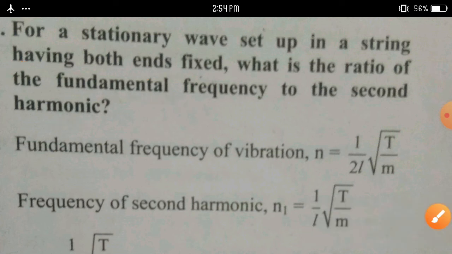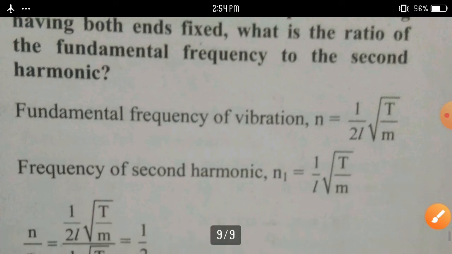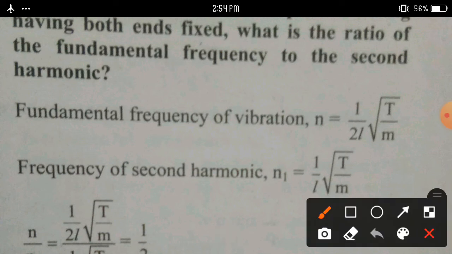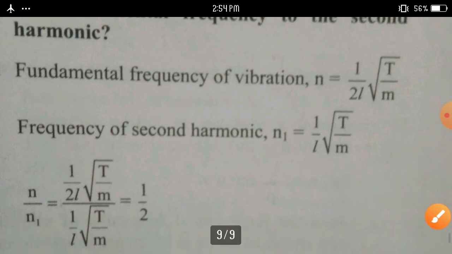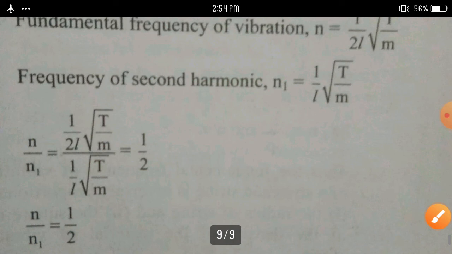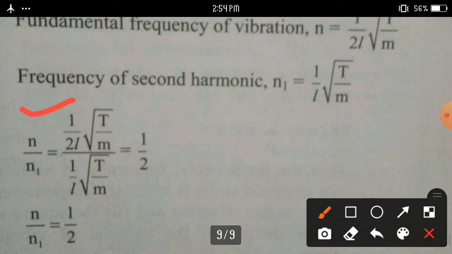We know the relation for the fundamental frequency of vibration: n is equal to 1 upon twice l into the square root of capital T upon m. This is the fundamental frequency of vibration. And the frequency of the second harmonic, n1, is equal to 1 upon l into the square root of T upon m.